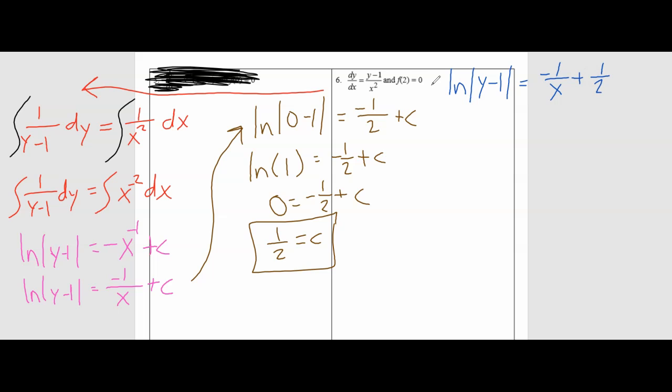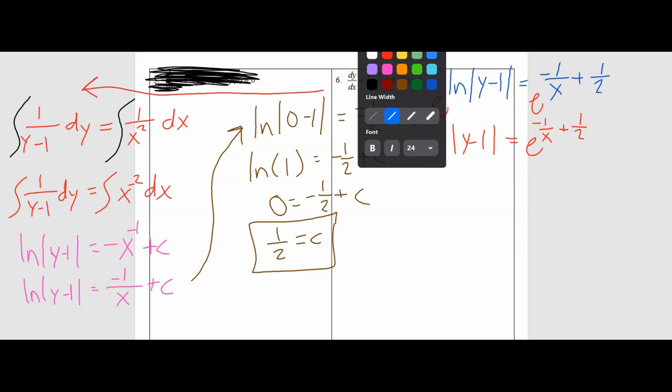Now, again, I still need to get the y by itself because I may have to eliminate a solution if it doesn't work with our initial condition. So I'm going to e both sides, just like my last problem. That's going to give me the absolute value of y minus 1 is equal to e to the power of negative 1 over x plus 1 over 2. Now, there's no other natural logs to simplify the e with, so we can just leave that e expression alone.